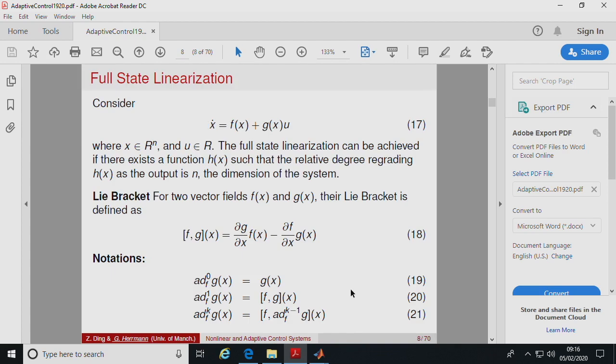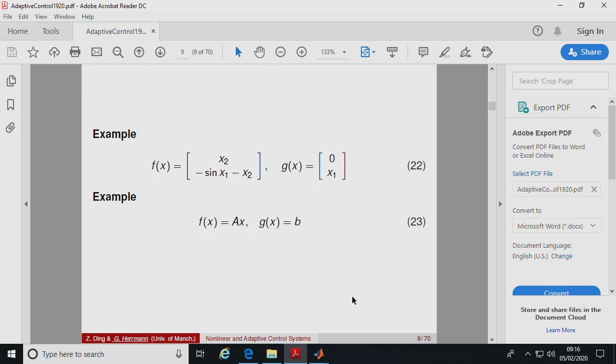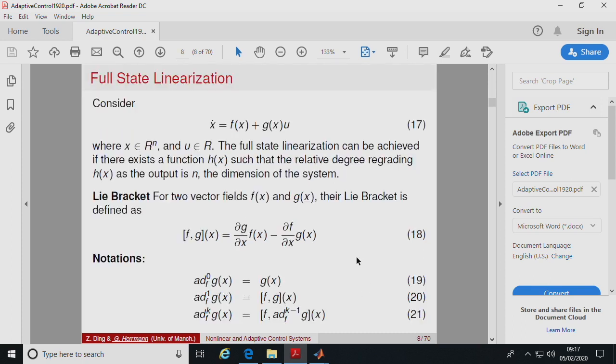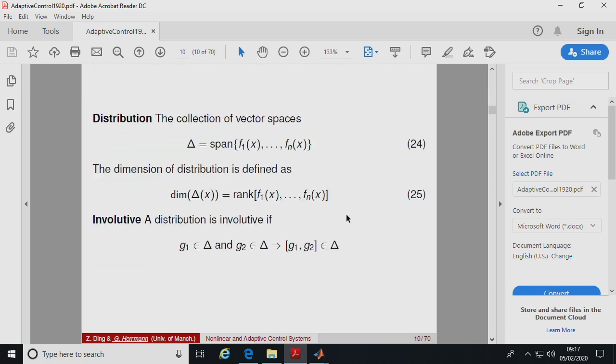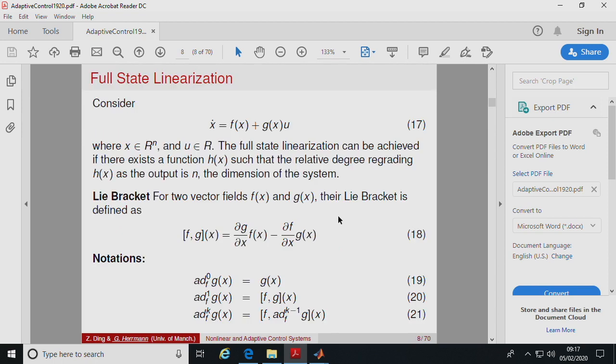So we introduced these new notations, and the Lie bracket. In particular, we introduced a Lie bracket where we want to analyze this set of Lie brackets here.